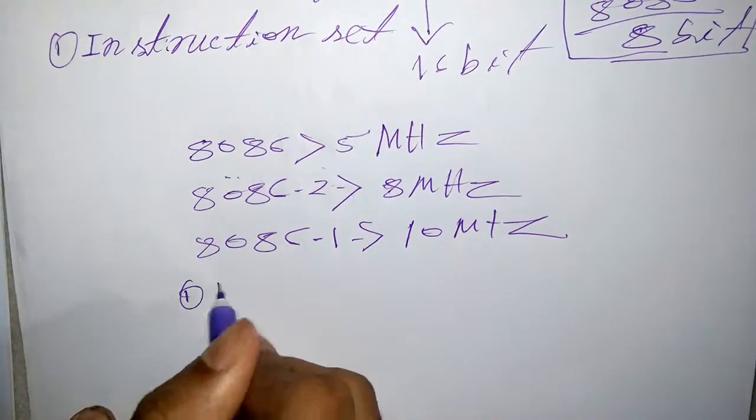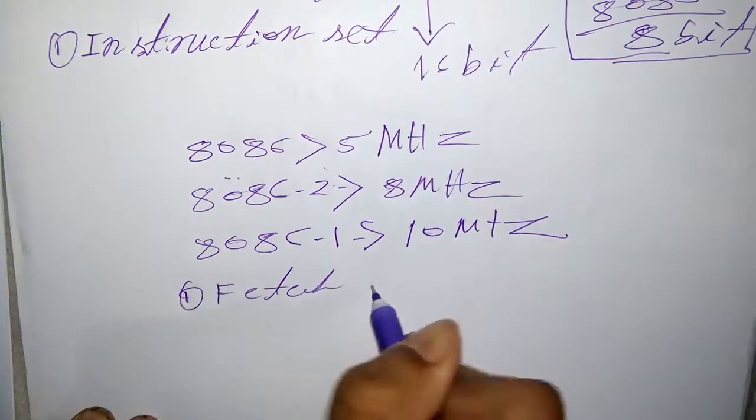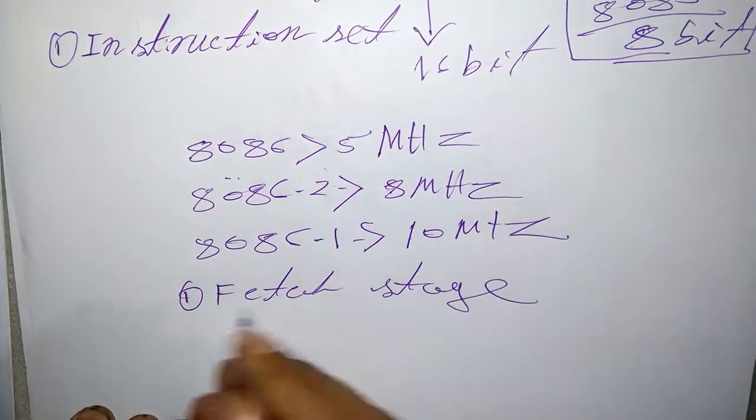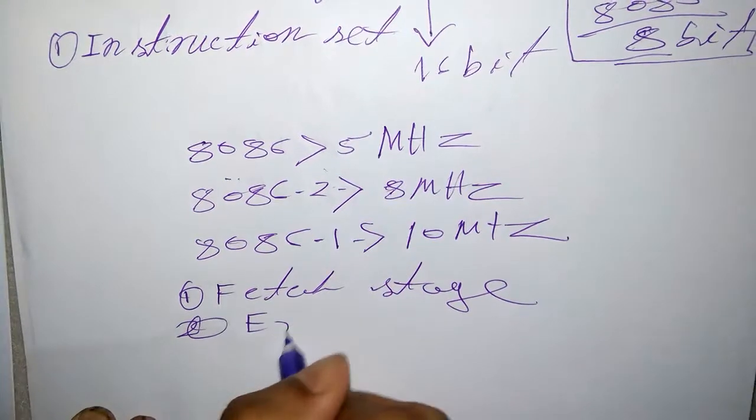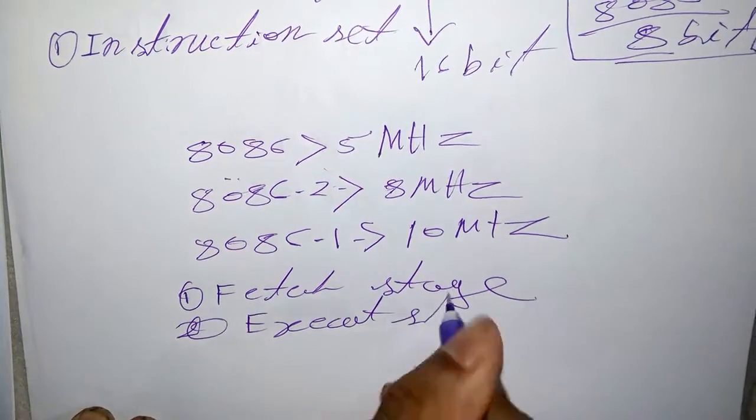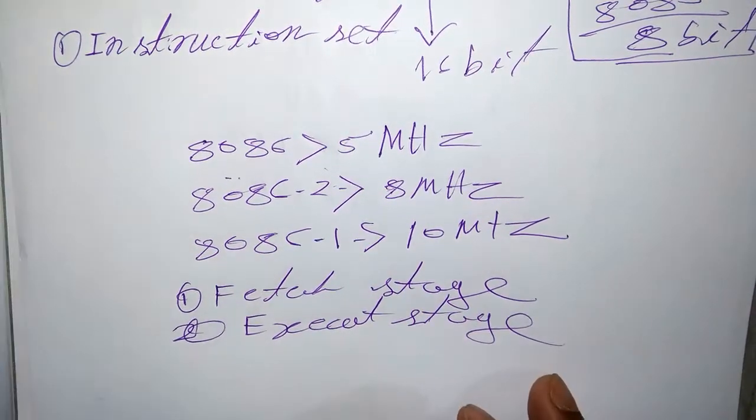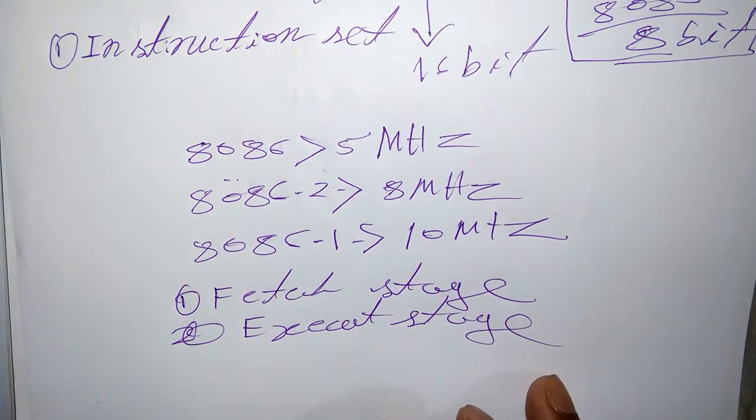The fetch stage can prefetch up to 6 bytes of instructions and stores them in the queue. The execute stage executes these instructions.